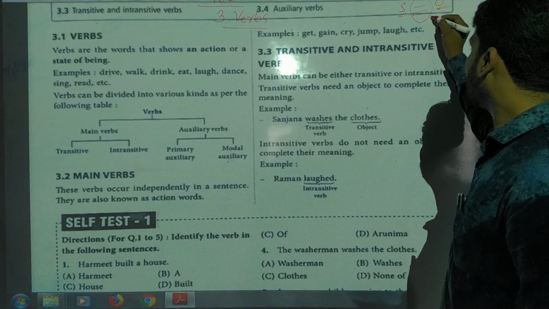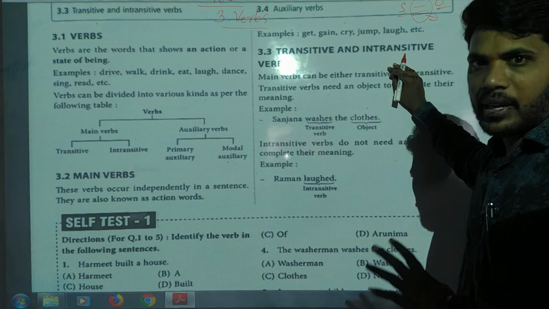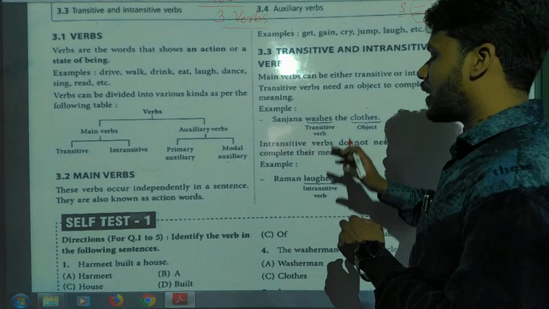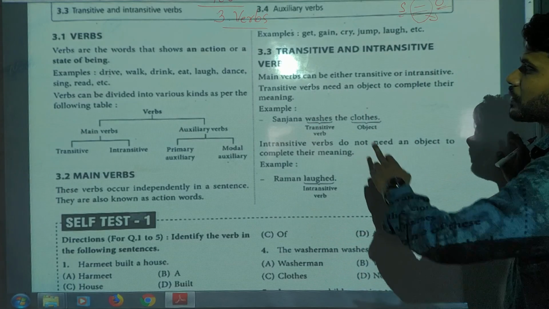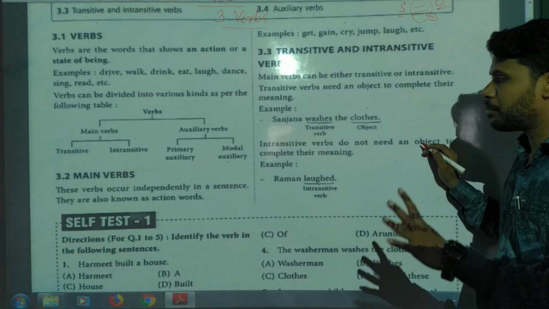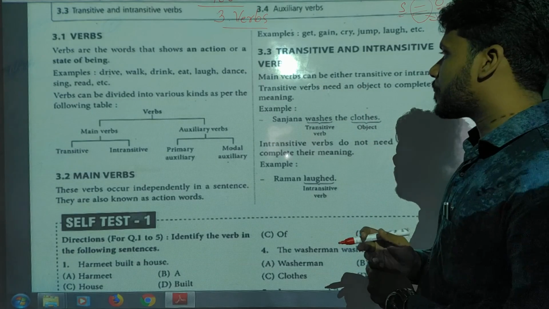Without subject and object, the meaning will be incomplete. Transitive verbs also need an object compulsorily, to complete the sentence meaning.